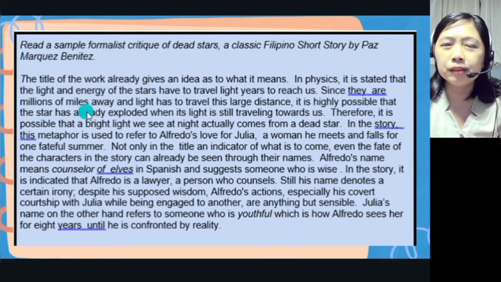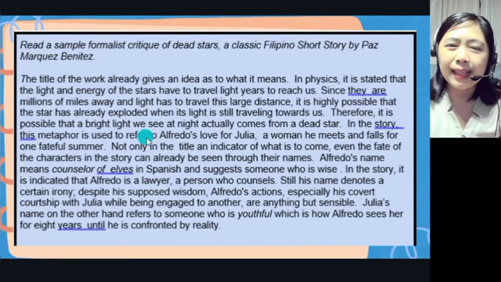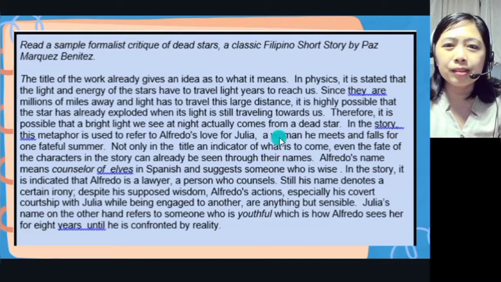Since they are millions of miles away and light has to travel this large distance, it is highly possible that the star has already exploded when its light is still traveling towards us. Therefore, it is possible that a bright light we see at night actually comes from a dead star.